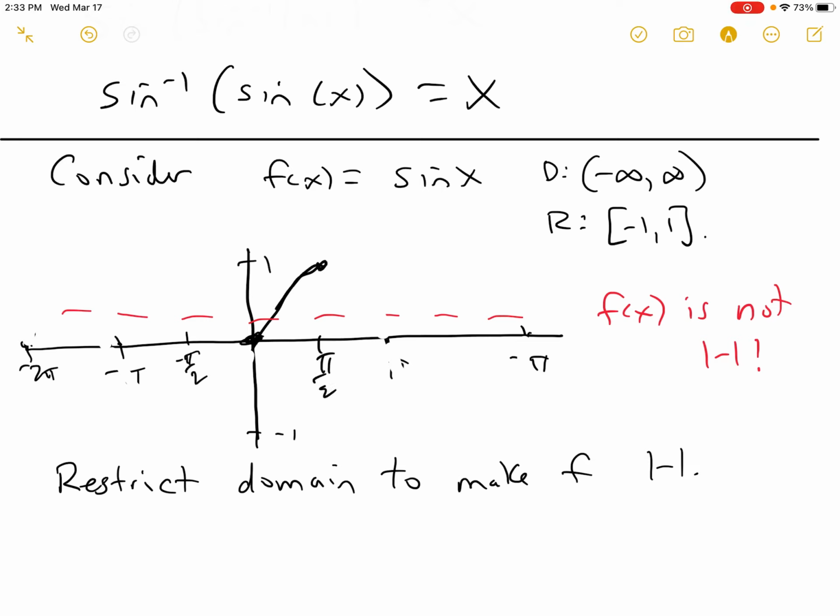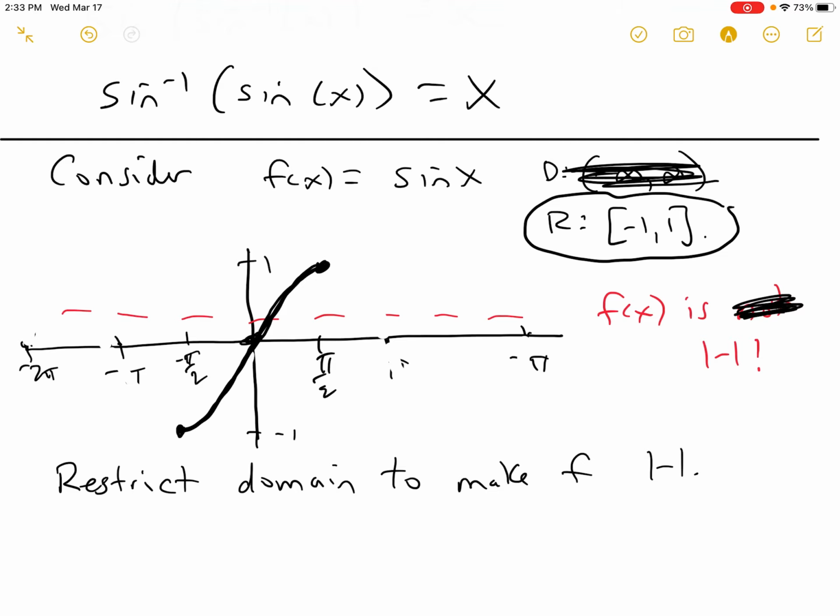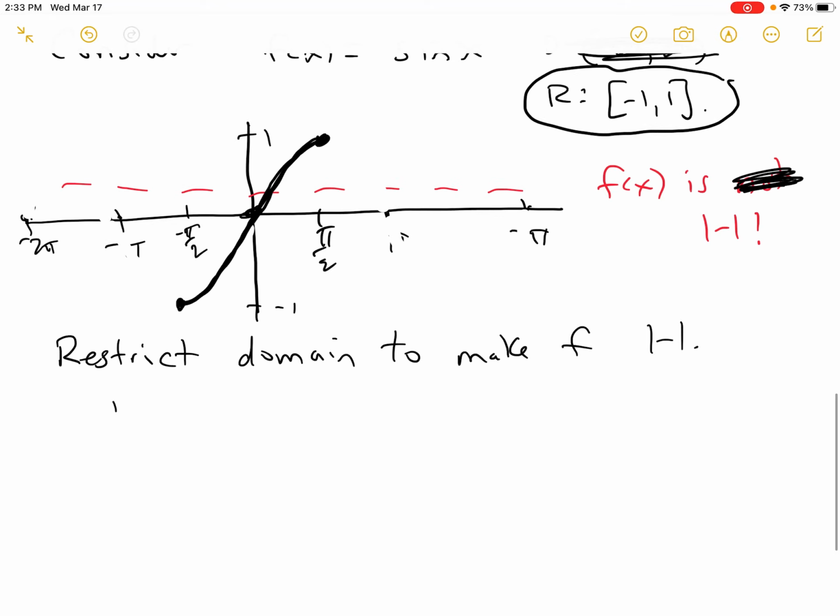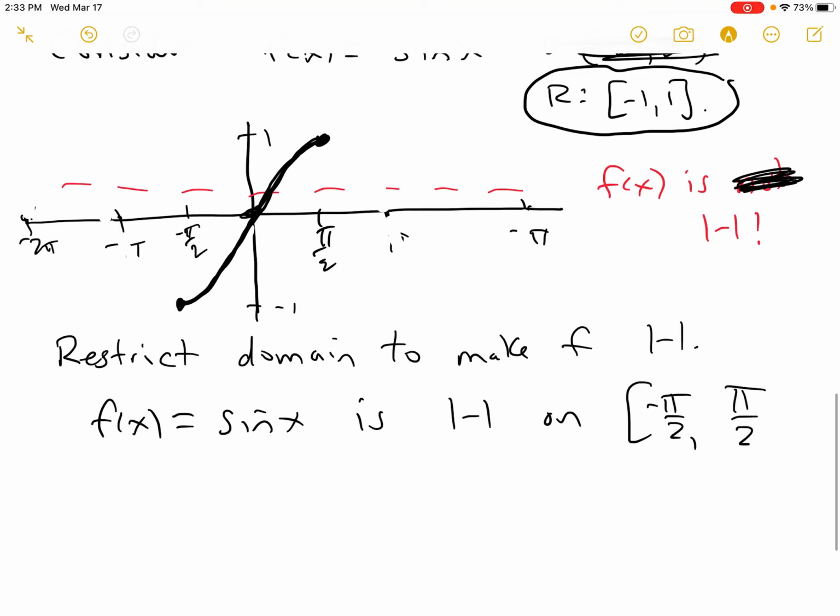If we go from pi over 2 to minus pi over 2, if we choose this restricted piece of domain, we cover the entire range, and the function is now 1-to-1 on this restricted domain. So f of x equals sine x is 1-to-1 on the domain minus pi over 2 to pi over 2. And this is crucial. So now on that domain we can find what f inverse is.